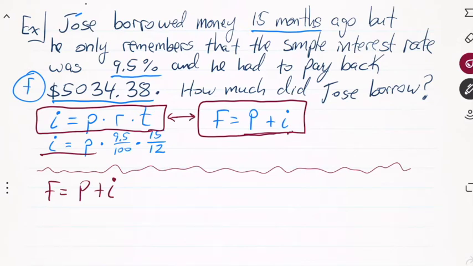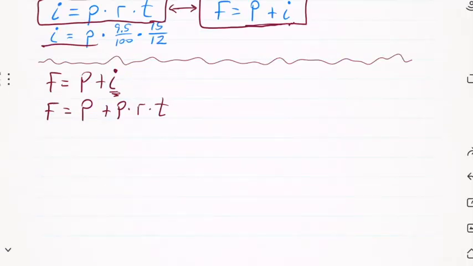If I is equal to P times R times T, then I can replace this I with P times R times T. So I get F is equal to P plus P times R times T. It's called substitution. You can replace equal values with equal values. And therefore we get this little formula.